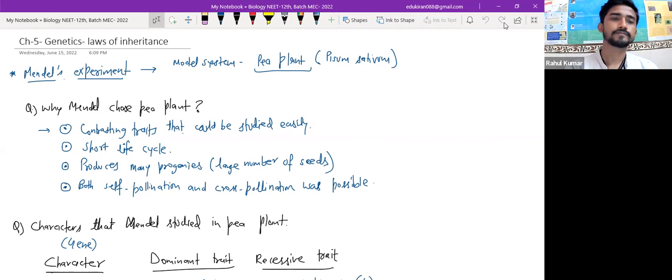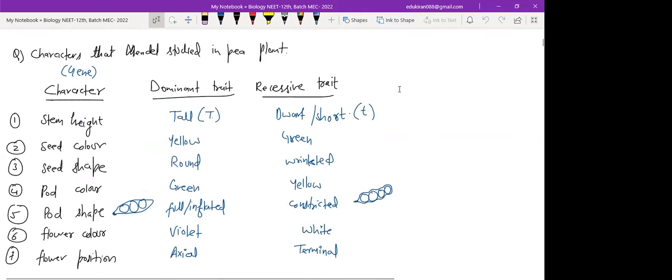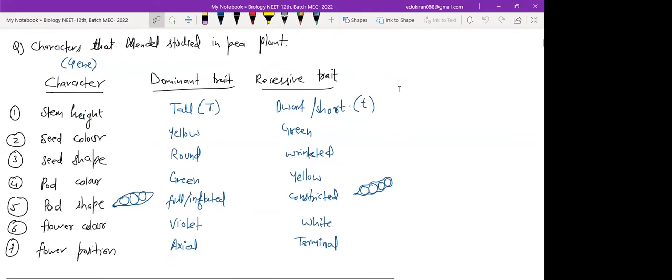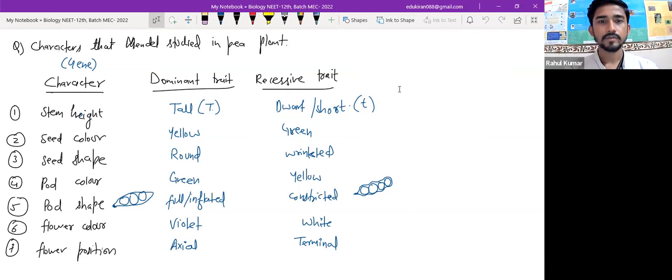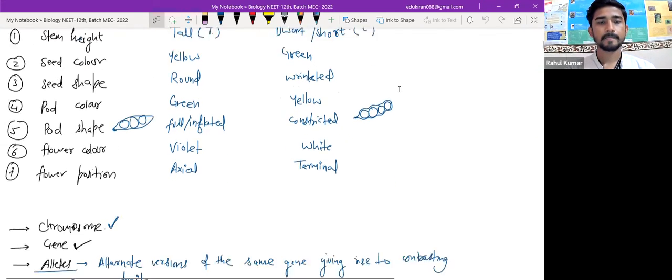Right. And then what were the characters that Mendel studied? Height, seed color, seed shape, and flower color, pod color, pod shape, flower position. So there were dominant and recessive traits in each of these characters, right?